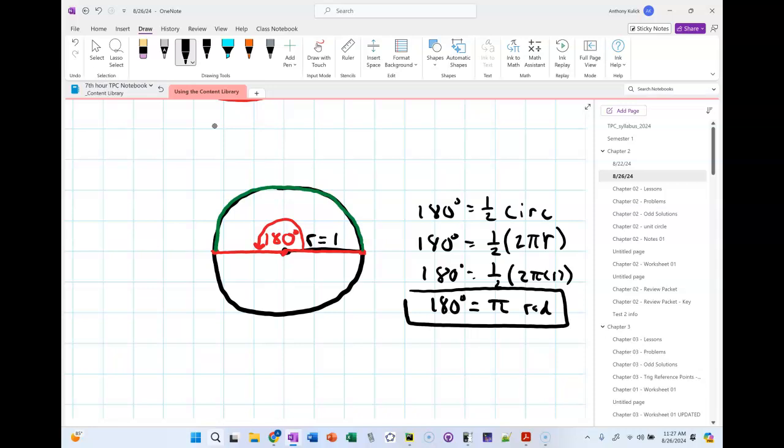That's our conversion factor. 1 inch is 2.54 centimeters. 180 degrees is pi radians. That's our conversion factor. So far, so good? All right. Let's do a little practice making that conversion.